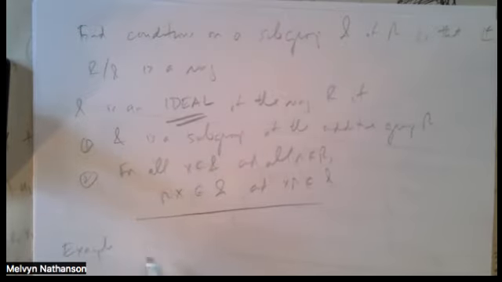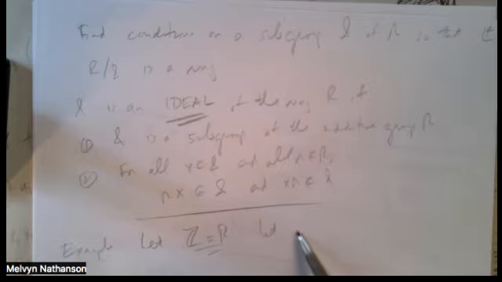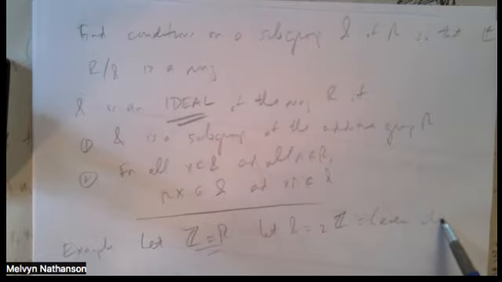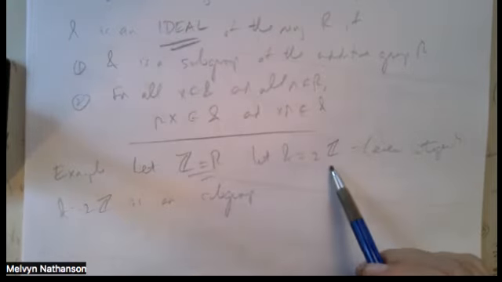Here's an example. Suppose I let my ring be the integers and let I be the set of all even numbers, 2Z. First of all, it is an additive subgroup, because if you take two even numbers and add them, you get another even number.